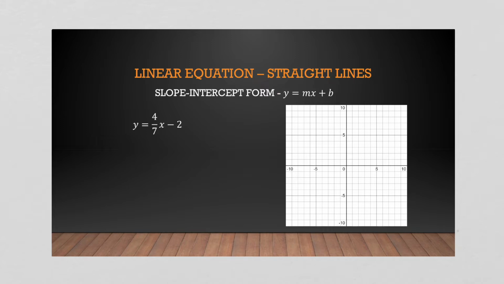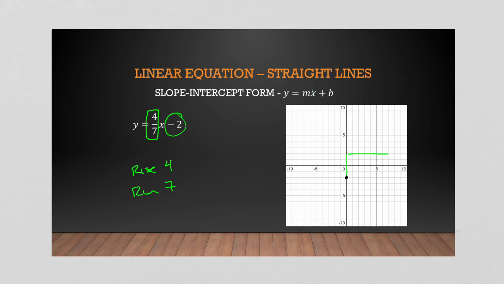Again, here I have my y-intercept of -2. So I know that this point exists on my graph. Now in this case, my slope is 4 over 7. So rise of 4, run of 7, both positive. So you can consider that you go up 1, 2, 3, 4, positive direction in the y, and then over 7.